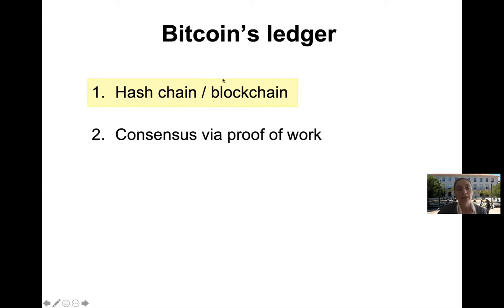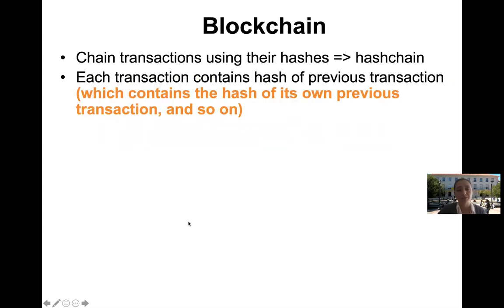Okay, but so far, let's focus on the hash chain, or blockchain. The blockchain is basically a chain of transactions using their hashes. So it's a hash chain. In fact, in cryptography, we had these hash chains for a long time, so the notion of a blockchain wasn't quite new to us, but the way it was used was new in Bitcoin.